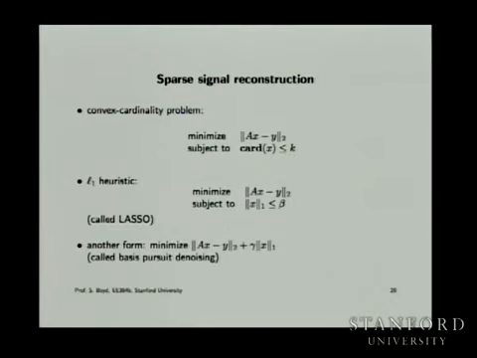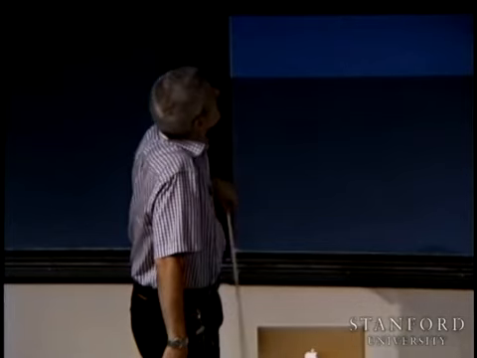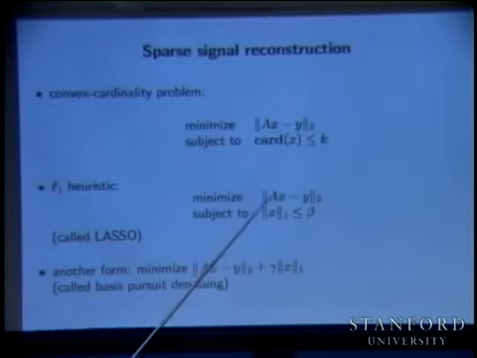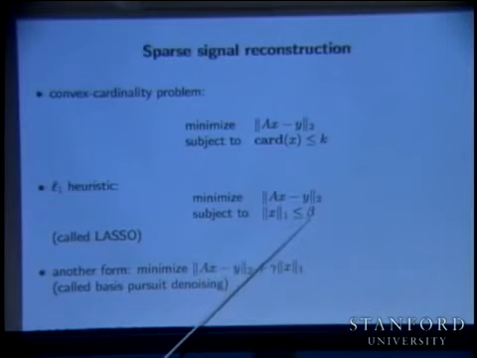Then this is prior information that the x you're looking for has no more than k non-zeros. So the L1 heuristic would be to minimize this 2 norm subject to the 1 norm of x less than beta. In statistics, this is called lasso.